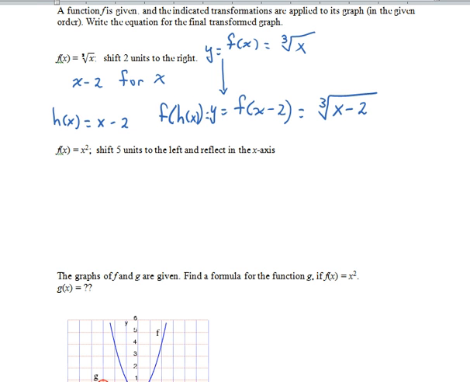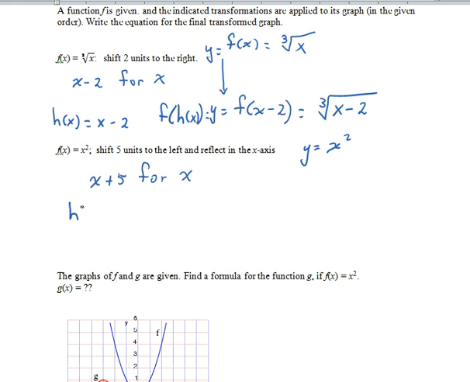In the second example, we start with f of x equals x squared. We're to move it 5 units to the left, and then reflect it over the y-axis. So we have to substitute x plus 5 for x.